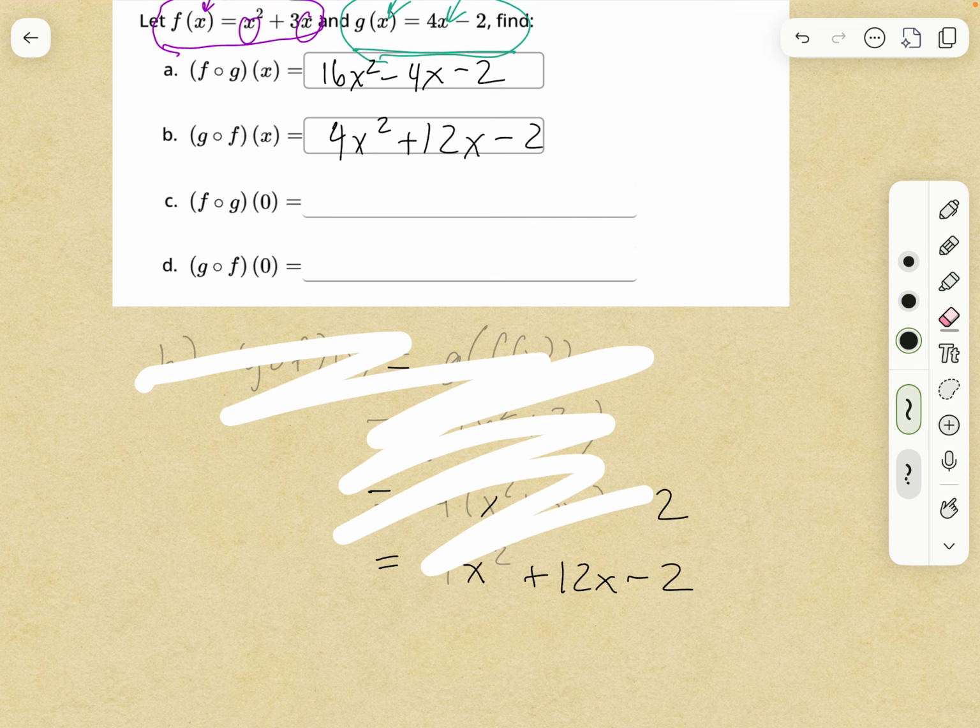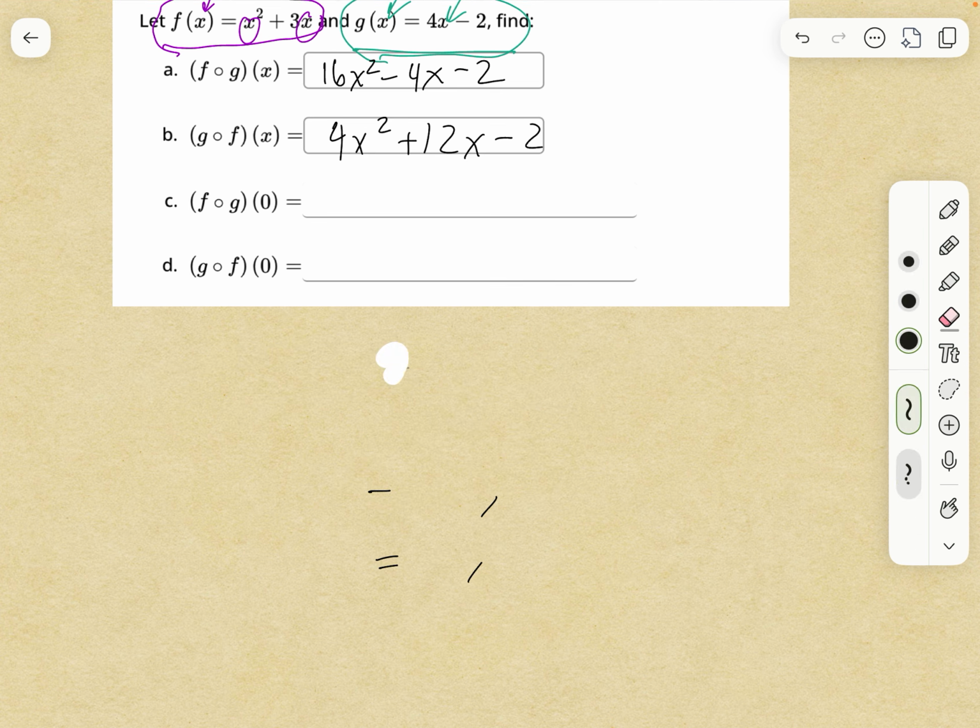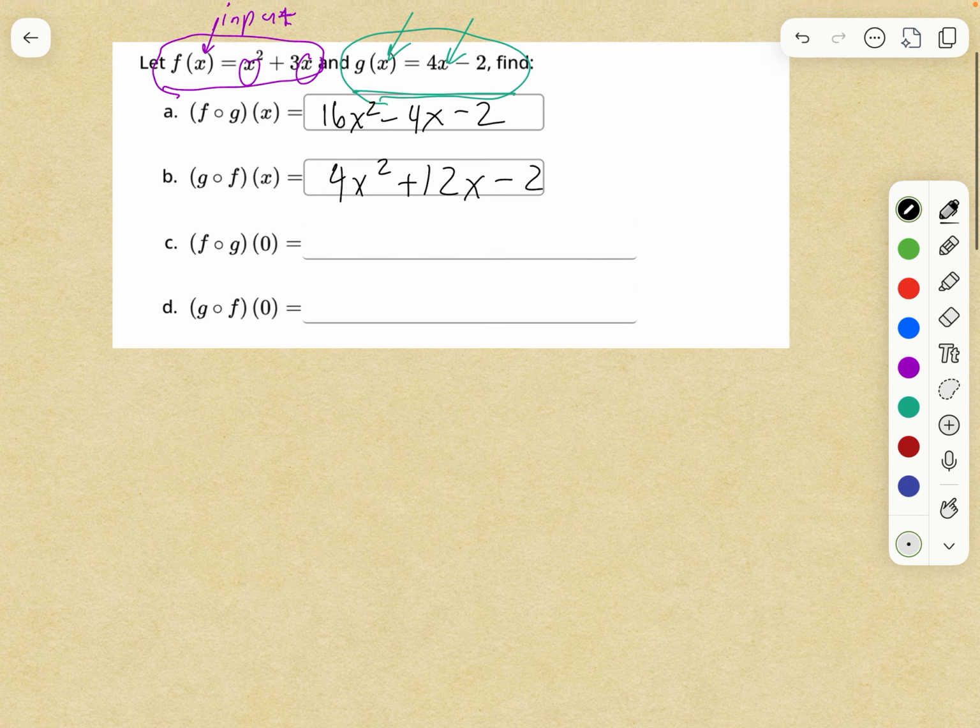So now we do part C and part D. Well, in part C, it says f of g of 0. Well, in part A, we found f of g of x. So we know what f of g does to any input x.